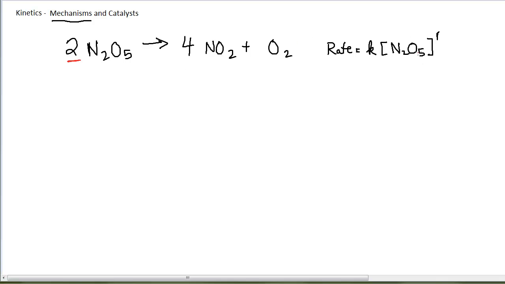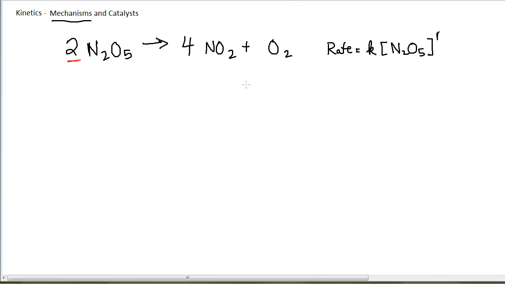If this were a second order reaction, what that would mean, if we did have a squared on the N2O5, is that would literally mean 2 N2O5s would need to come and bounce off of each other in order for this reaction to proceed. If we have a first order process, that means literally what's happening is one molecule is undergoing some sort of rearrangement. Bonds are being broken in that molecule so that it can then go on and form the products.